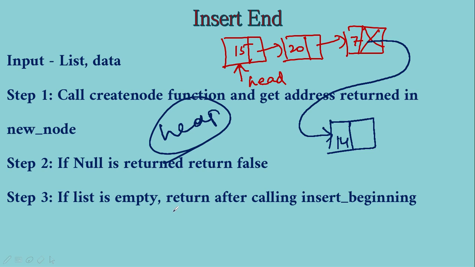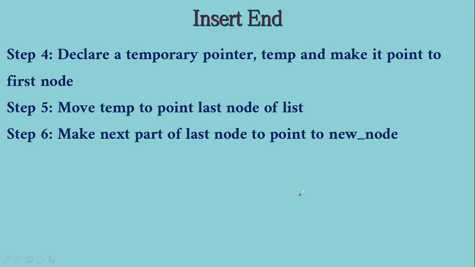Moreover, we have to initialize the head also after the node is created and put inside the list. So if the list is empty, then we will call the insert beginning function. When the list is empty, insert beginning and insert end are one and the same. So we will simply call the insert beginning function, and we will proceed otherwise if the list is not empty.